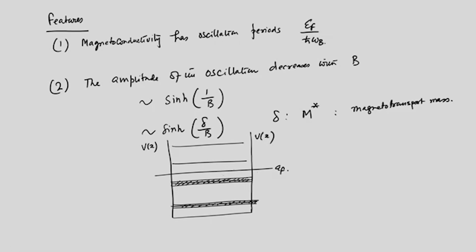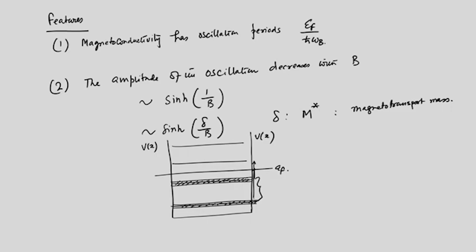And as you increase the magnetic field, the difference between the successive Landau levels increases, and then these Landau levels will first cross the Fermi level, okay, and then as you tune the magnetic field to larger and larger values, even this one will cross the Fermi level and so on.